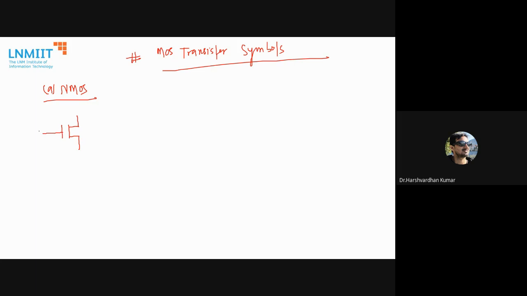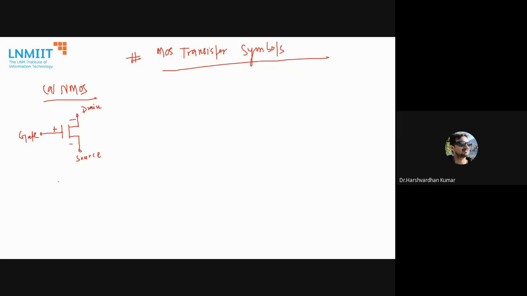So this is the gate, this is the drain, and this is the source. According to the definition, is the gate terminal positive or negative? It will be positive, right? And the drain will be negative, and the source will be negative, right? This is the first symbol for NMOS.